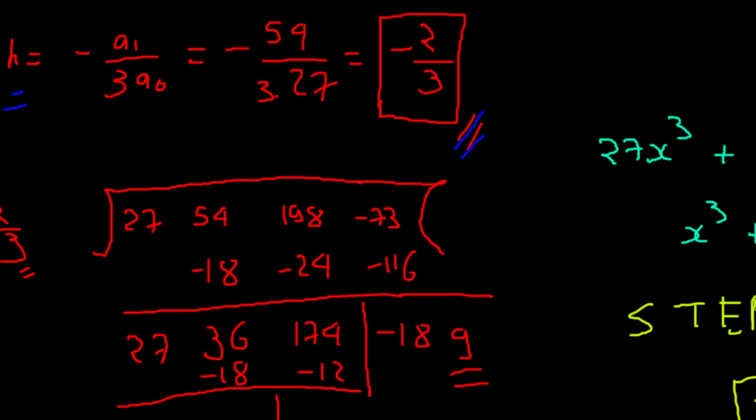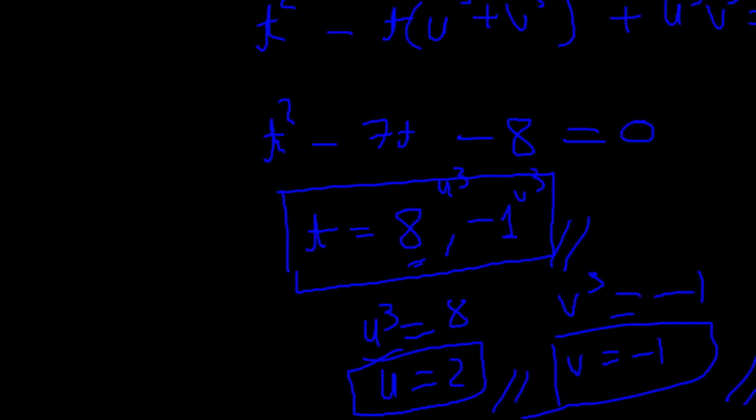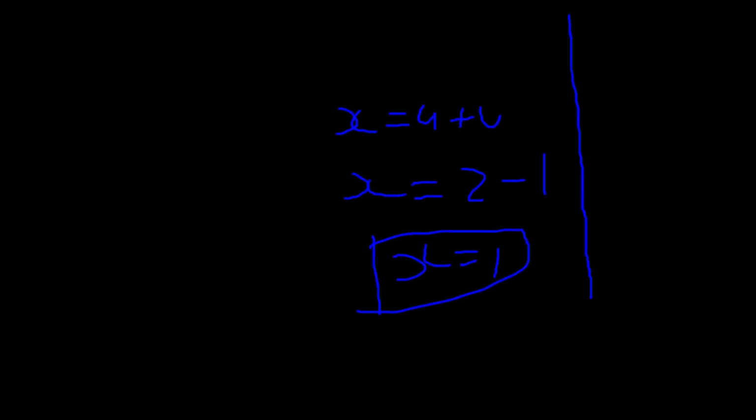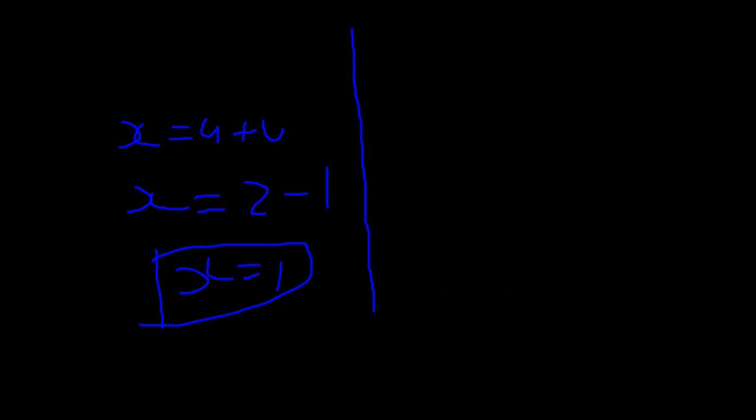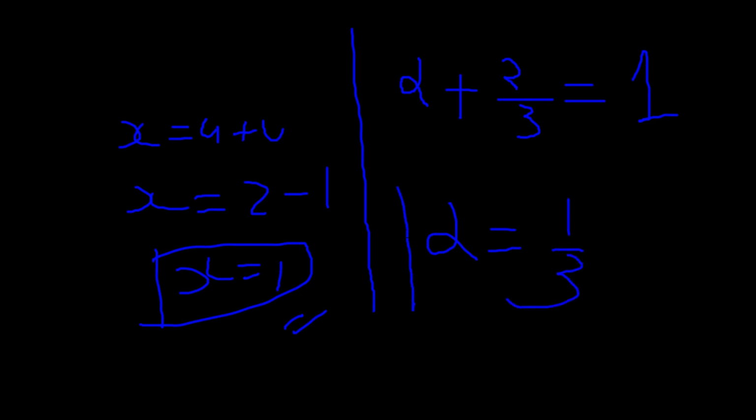We're going to do alpha plus that value, 2 by 3, equals minus 1. That is the last step which we are going to do. That's it.